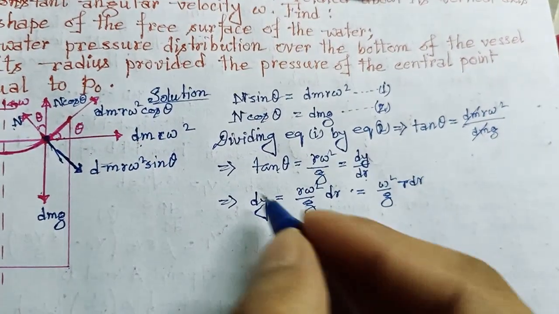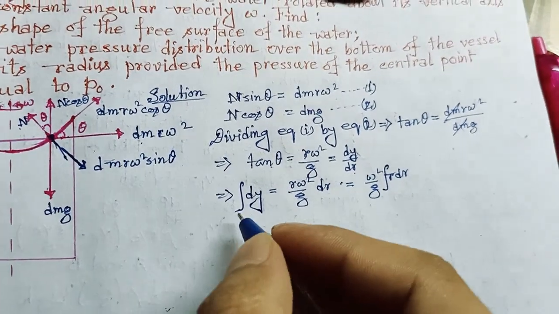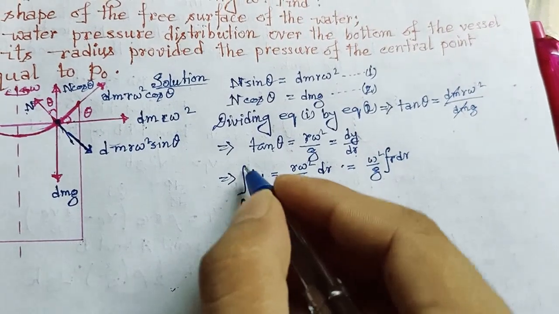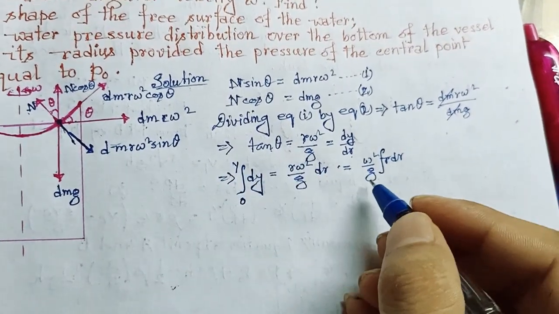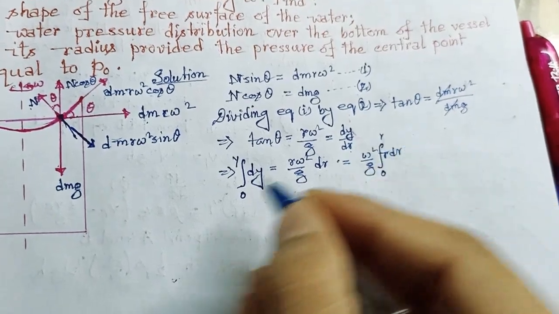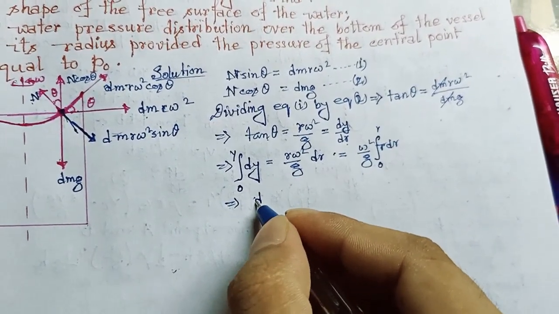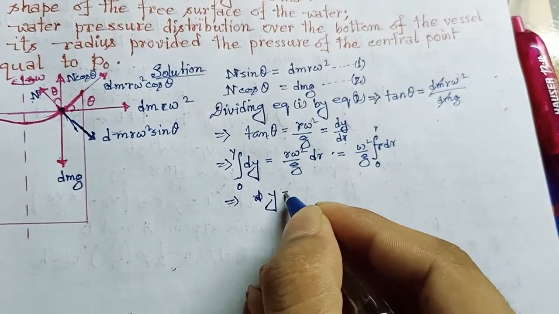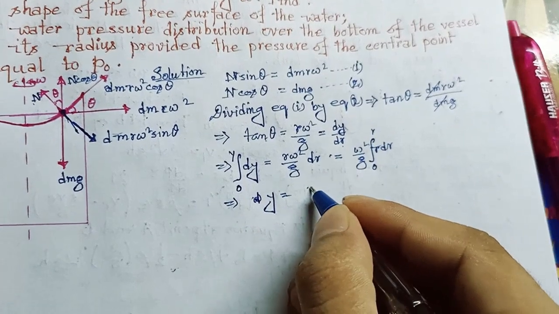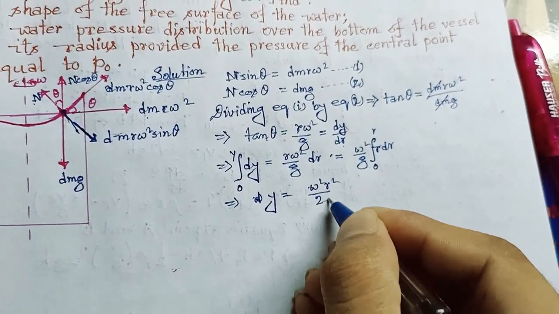Now if we integrate this equation on both sides, our limit of y is 0 to y, and our limit of r is 0 to r. If we evaluate the integration, we find y will be equal to omega square r square divided by 2g.